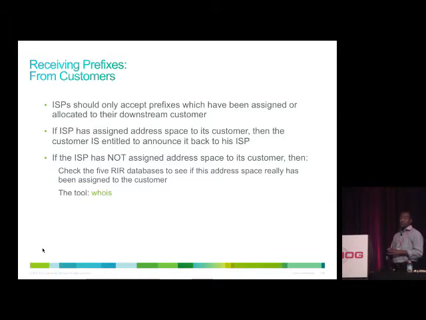So from customers, you should only accept BGP updates from customers under the two conditions shown below. If the ISP has not assigned address space to the customer, so if the customer has its own address space received from somebody else, from the registries essentially, you have to check with the registries whether that address space is really assigned to that customer, and you can use whois information to do that.